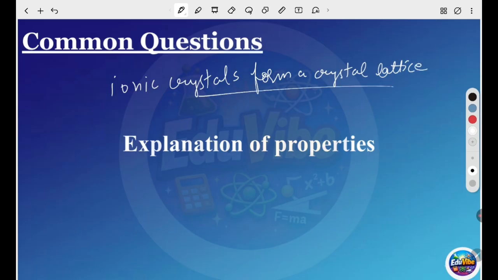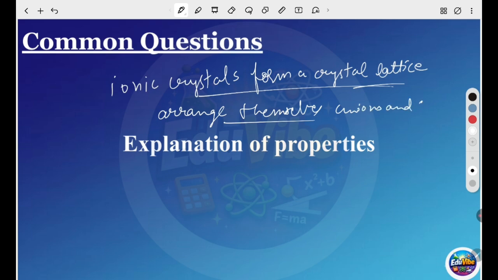Again from the definition, the ions arrange themselves in the crystal lattice where the maximum attraction between the anions and cations occurs. That's why ionic crystals form the crystal lattice.